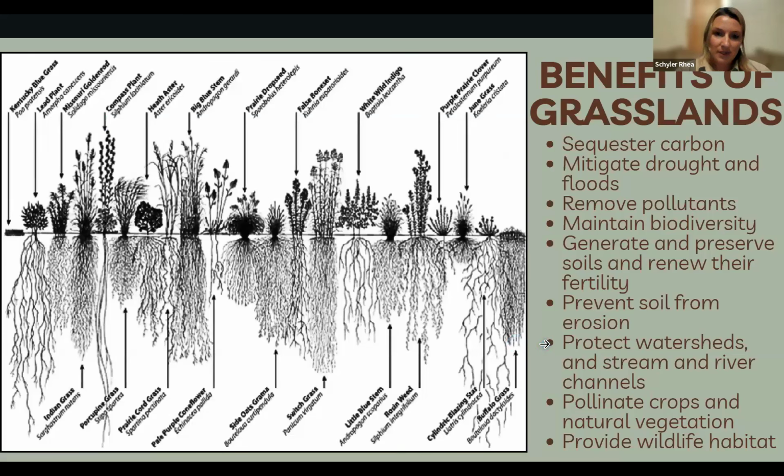And one thing I really would like to point out is the root system on these plants. As you can see, these root systems are very complex. And grassland plants are known to have root systems that can grow up to 15 feet long, which is pretty great.